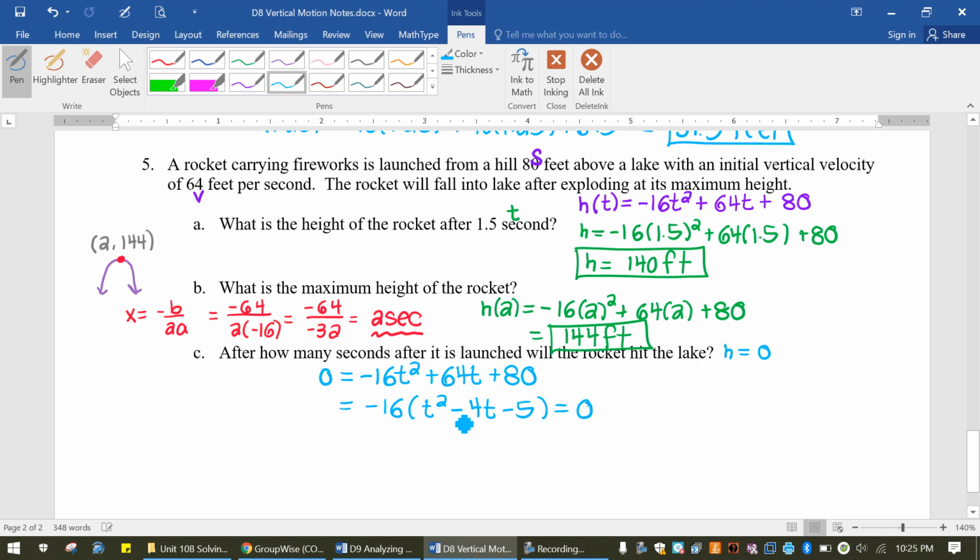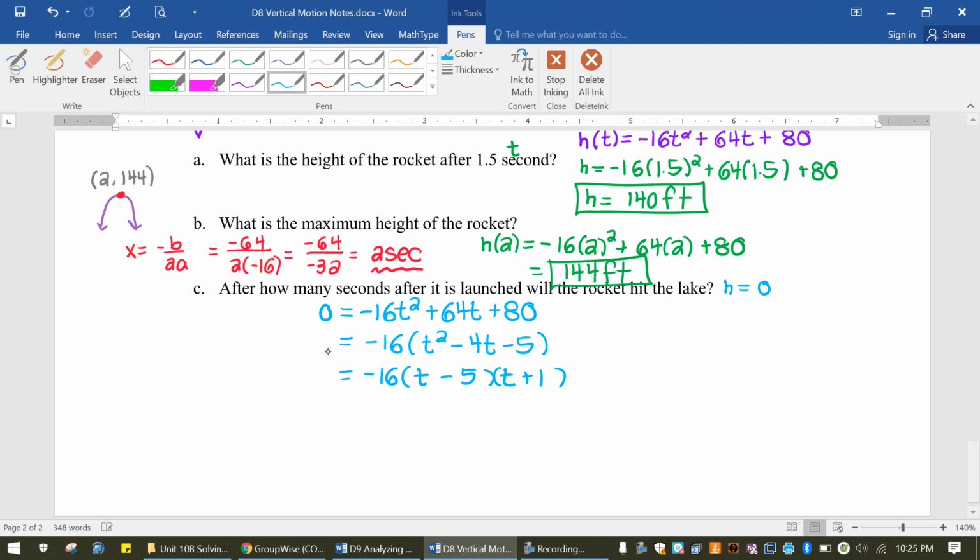Now, if you look at just what you have inside the parentheses, you've got something that's pretty easy to factor. Leave the negative 16 outside, and we're looking at factors of negative 5 that add to negative 4. That would be a negative 5 plus a 1.